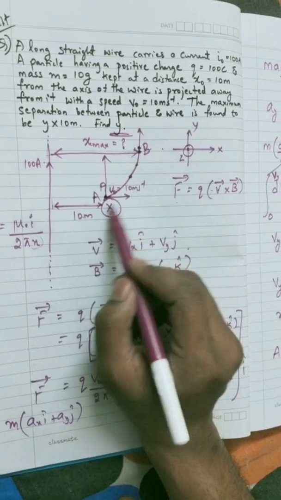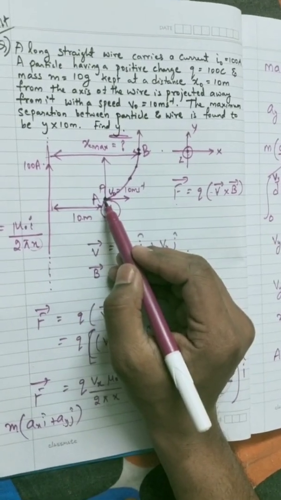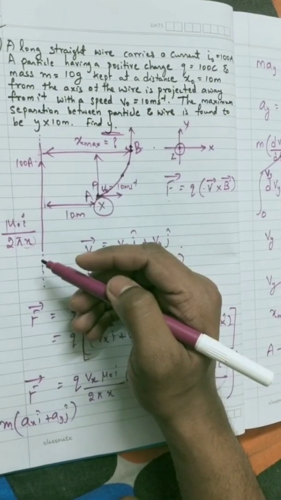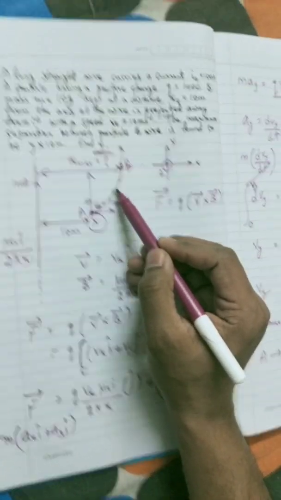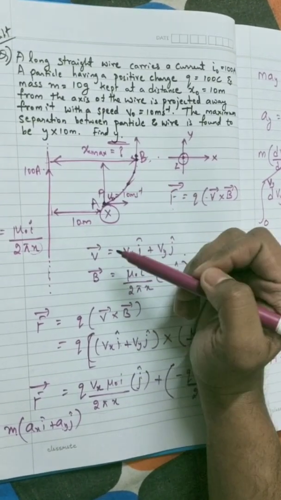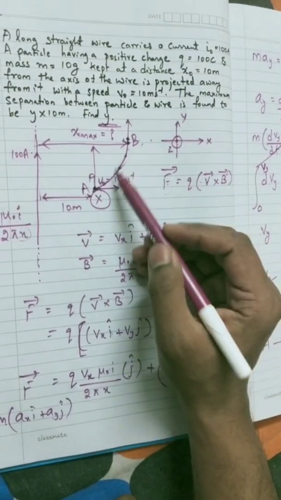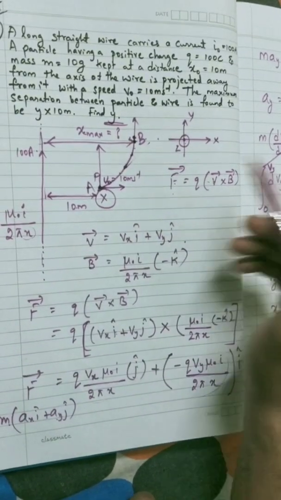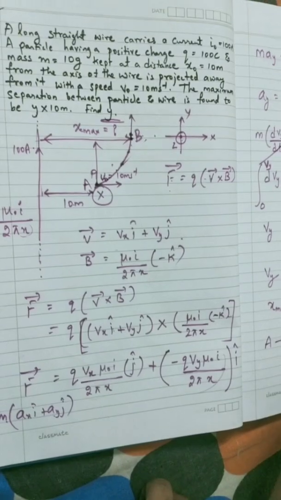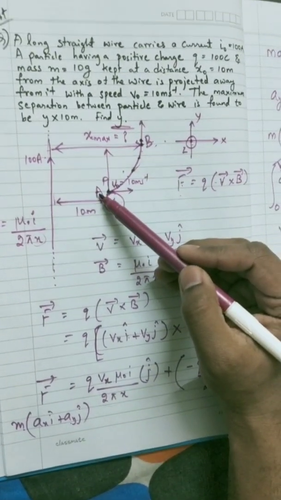Now what is the work done by that force? That also is 0, because at every point the force is perpendicular to the velocity, since force is equal to q into v cross b. So the work done by gravitational force is 0, and the work done by magnetic force is also 0. So the work done by all the forces is 0 in moving from A to B.